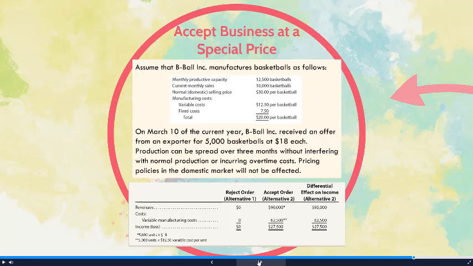As long as that price is over our variable costs, then we should take this business. Because if you think about it, those fixed costs have to get paid whether or not we take this special business. So therefore, those fixed costs that have to get paid anyway should not be considered in evaluating this decision.